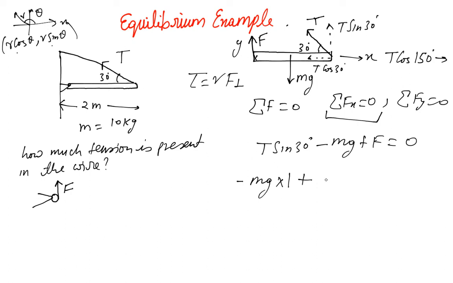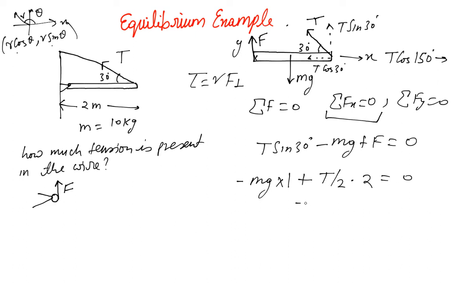We know sine 30 is 1/2, so you can just write T over 2 multiplied by 2, because that is F perpendicular. This is R and this is F perpendicular, that is going to move the beam counterclockwise. And if you curl the fingers counterclockwise, your thumb points out of the screen. So that gives us T over 2 is the force, and 2 is the distance. This should also be 0.